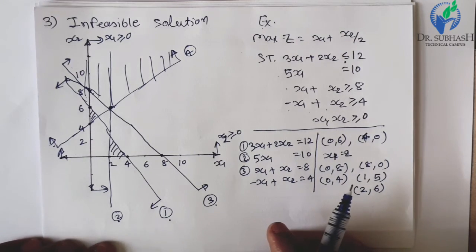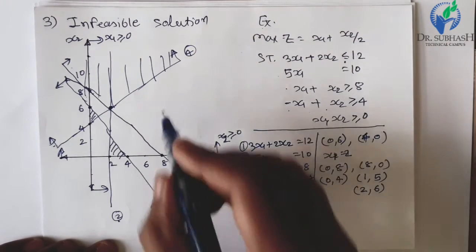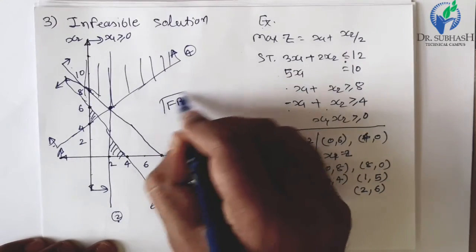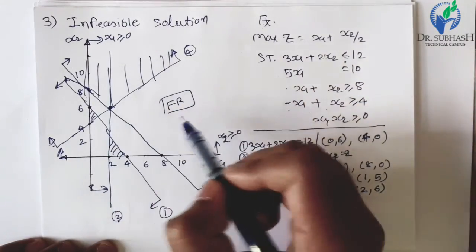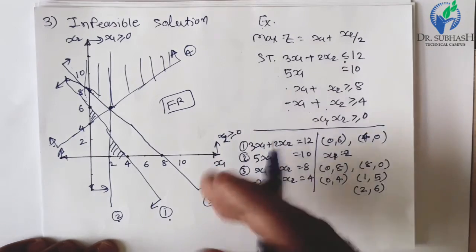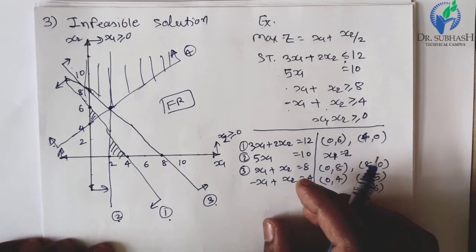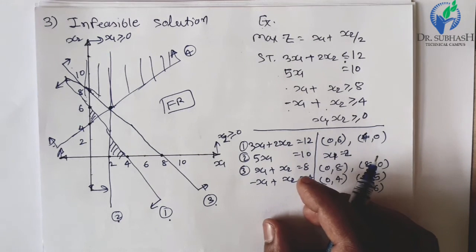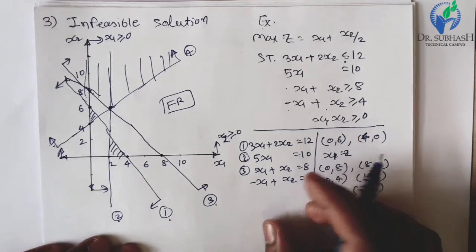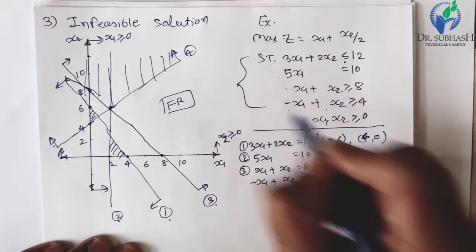The meaning is that there is no feasible region which satisfies all the constraints simultaneously. There are feasible regions, but they satisfy only partial constraints, sometimes 2 or sometimes 3, but there is no feasible region which satisfies all the constraints simultaneously.